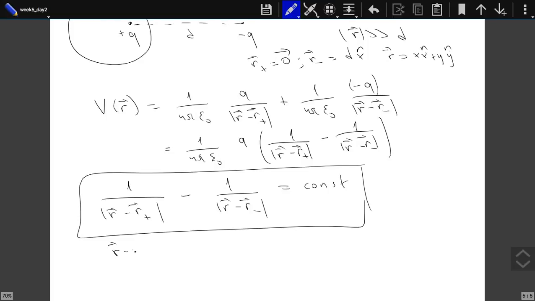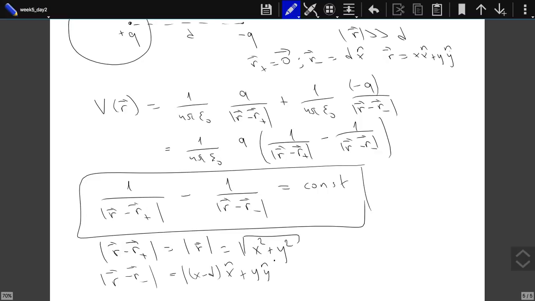So |r minus r plus| is equal to the magnitude of r, which is the square root of x squared plus y squared. r minus, this is equal to (x minus d) in the x hat plus y in the y hat. This is the square root of (x minus d) squared plus y squared.